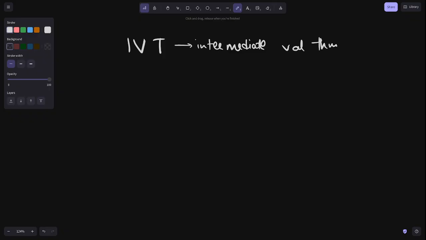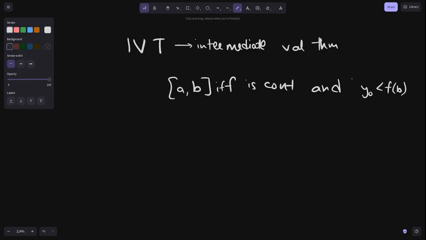Intermediate value theorem, what it says is that in a closed interval AB, if f is continuous and y0 belongs between f of B and f of A, then y0 is equal to f of c for some c belongs to AB. This is very logical.